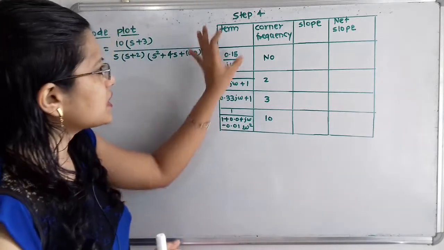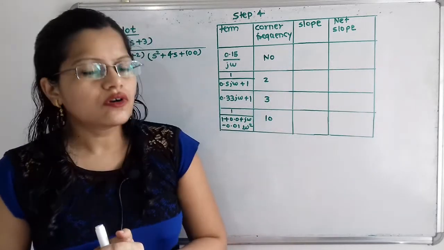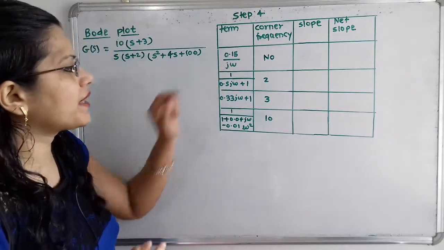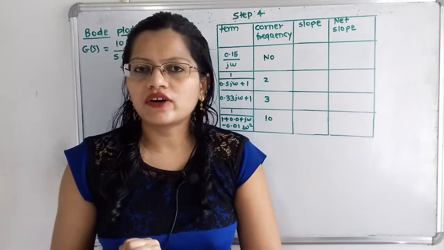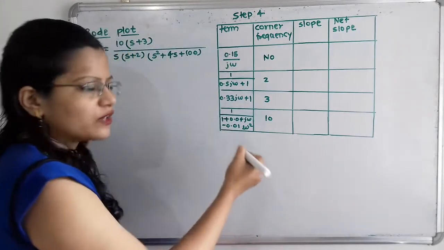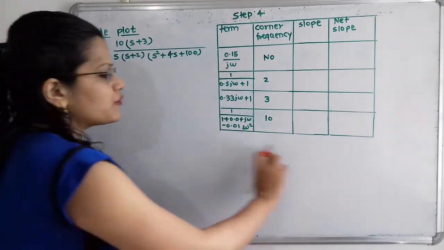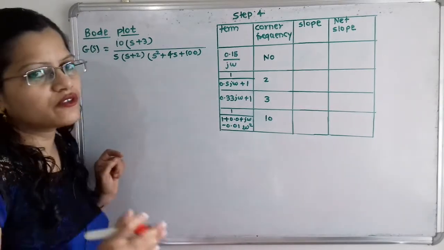Now for all these terms we will decide the slope and net slope. How to decide? If we observe, the j omega term is in the denominator, with order 1. Wherever there is s or j omega, instead of s we have written j omega. I will give you some important tips to note down in your notebook.